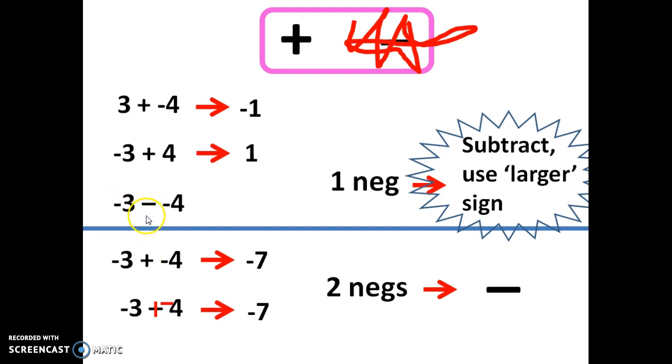Same thing up here, we have -3 minus -4. In this case, our minus here becomes a plus, as does this here because we have to change this sign. So here we get -3 plus a +4, which we do our same sign keep and add, different sign subtract. So 4 minus 3 is 1, and since 4 is positive and it's bigger, we're going to have +1.